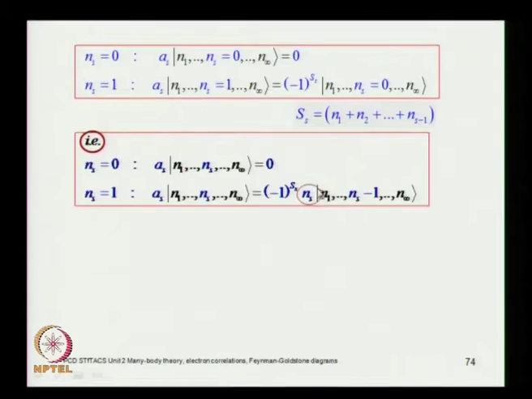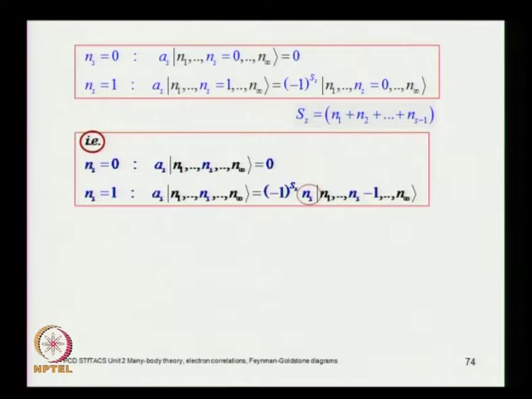It is essentially the same result which we have at the top, but now I have inserted a factor ns over here, and this is strictly correct, because if ns is 0 you get a 0, that here I can write these expressions, okay, with the occupation number ns over here, and this works for both, whether it is occupied or unoccupied. Okay. If it is unoccupied, ns is 0, if it is occupied, ns is equal to 1.